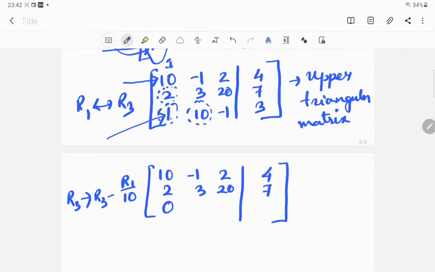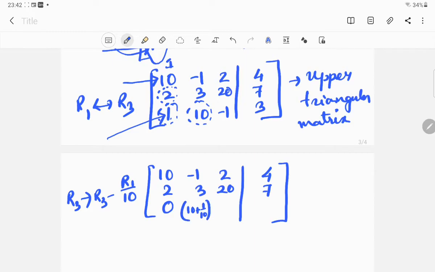Then again here it is R1 by 10, which means minus 1 by 10. Already 10 is there, minus 1 by 10. Can you understand? So it will be equal to 10 plus 1 by 10.